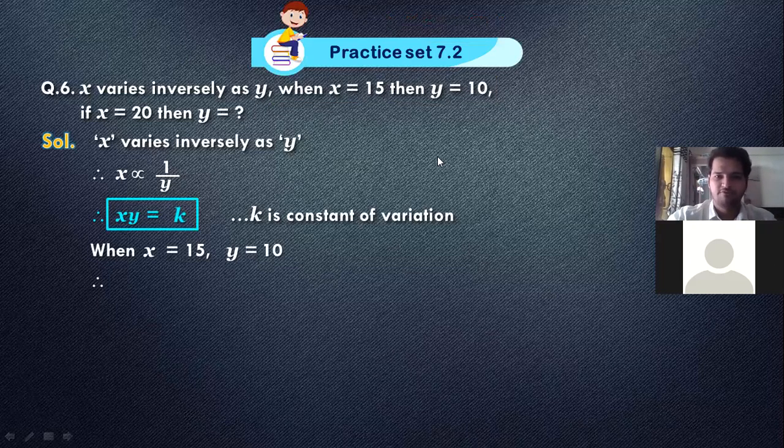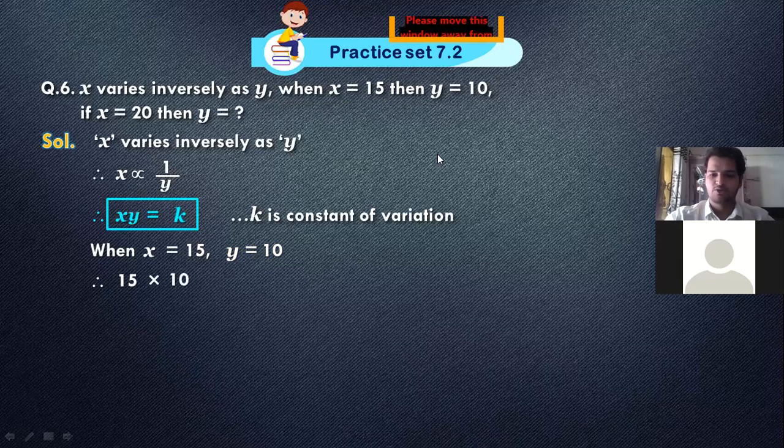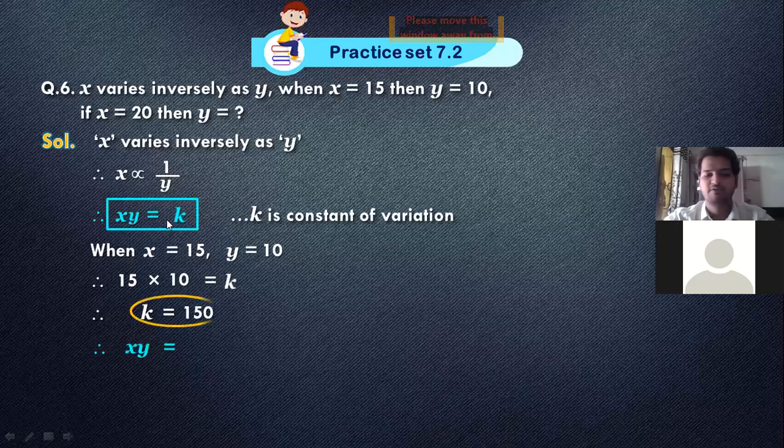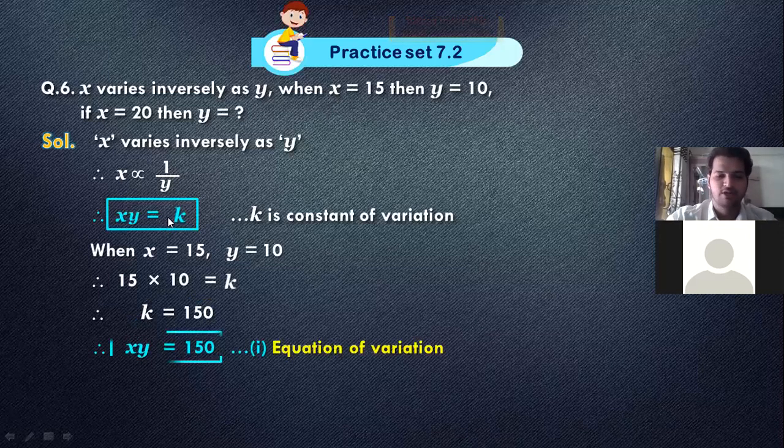So you will get 15 in the place of x, 10 in the place of y, and everything equals k. So what is the value of k, son? 150. So from equation number 1, that is the k equation, we can say xy is equal to 150. Right? You can call this the equation of variation.